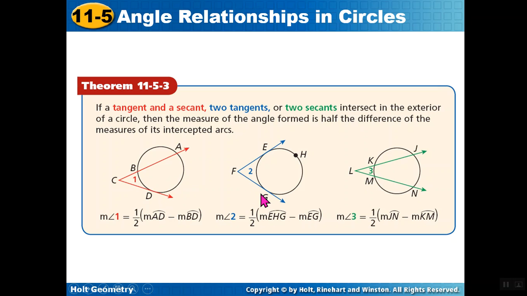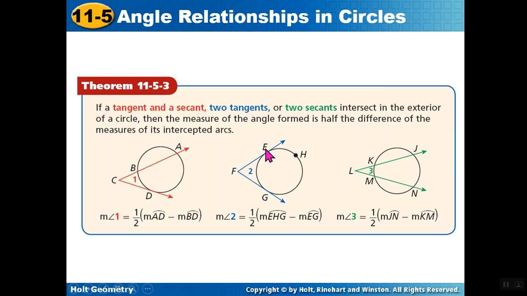In the second case also, the intersection is outside. The measure of angle F is equal to the big arc, which is in front of angle F, the measure of arc EHG minus the measure of arc EG.